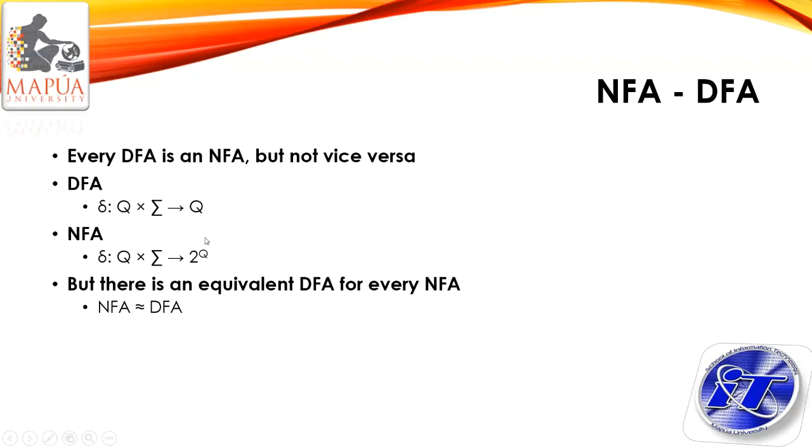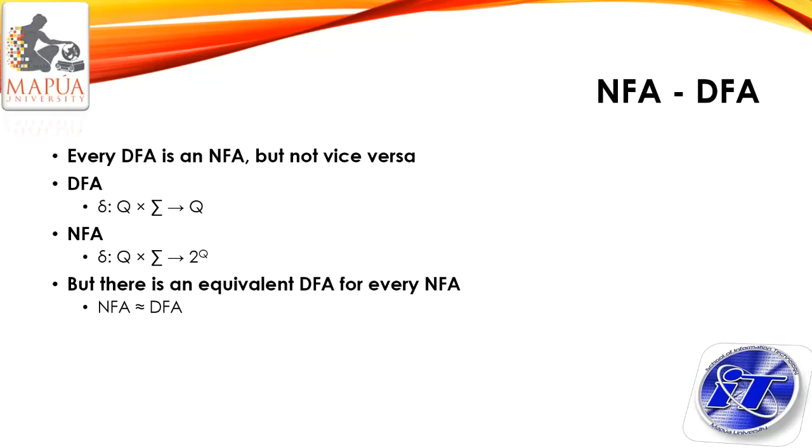Don't forget, in an NFA, we could have multiple paths. So the highest possibility in the transition is to go to all other paths from the current state. That's why we have 2 raised to Q as paths. And we know that the DFA paths are just part of the NFA's.